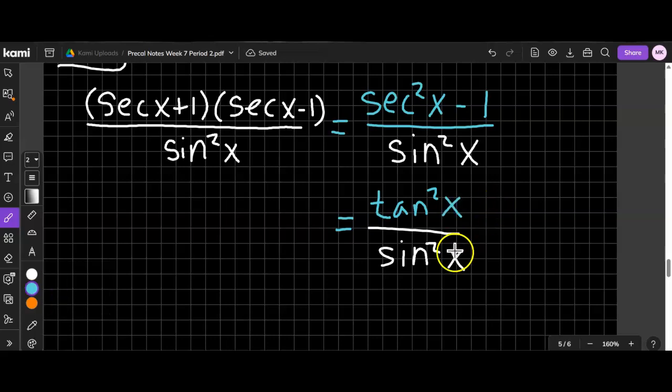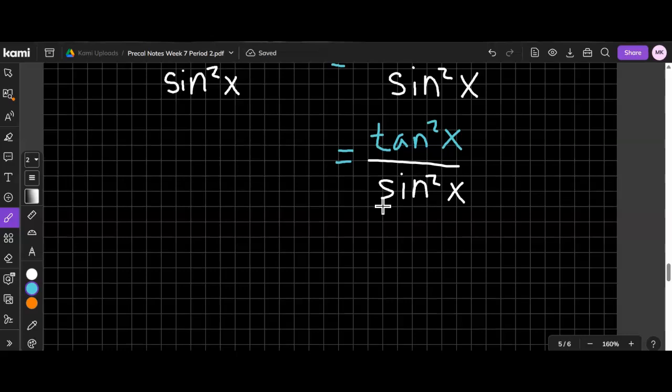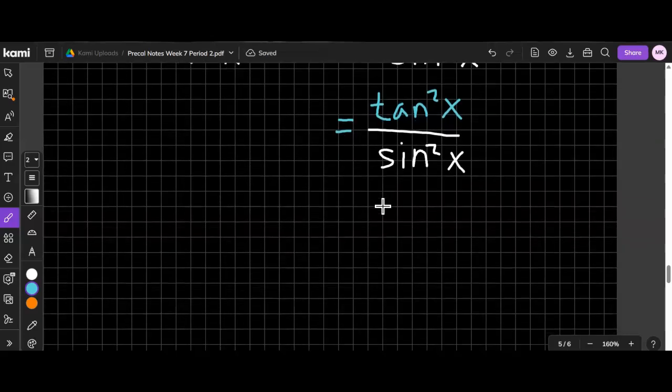So we have tangent squared of x divided by the sine squared of x. So what do we do here? How can we simplify this a step further? Well, I'm going to look at this tangent squared of x and realize that if I want to simplify this, I'm going to rewrite this tangent in terms of sine and cosine, because that will help me identify what I can combine and what I can eliminate, what I can simplify with that sine squared of x.